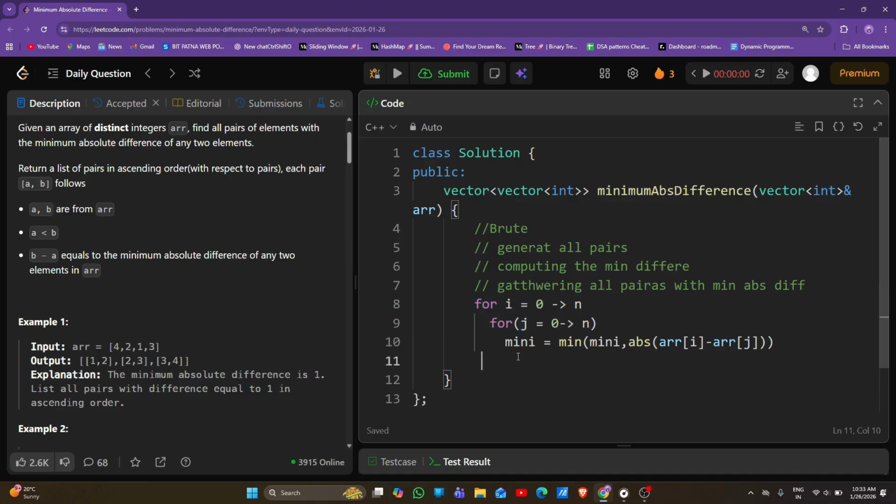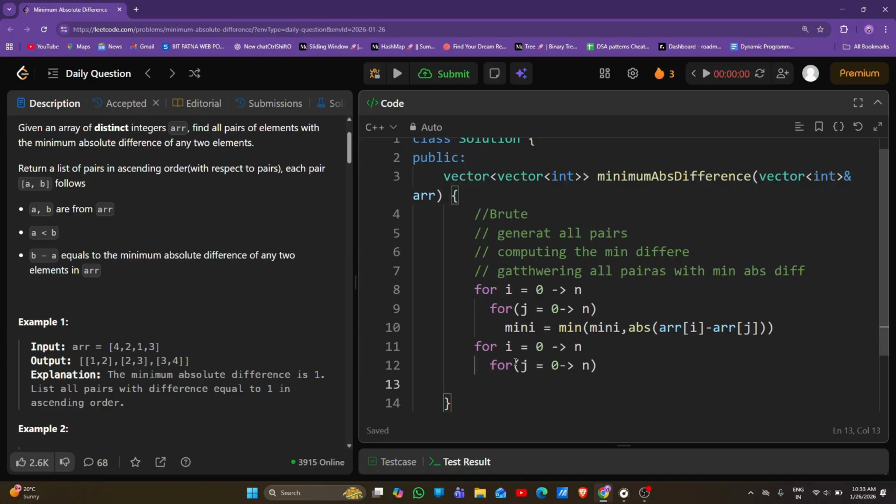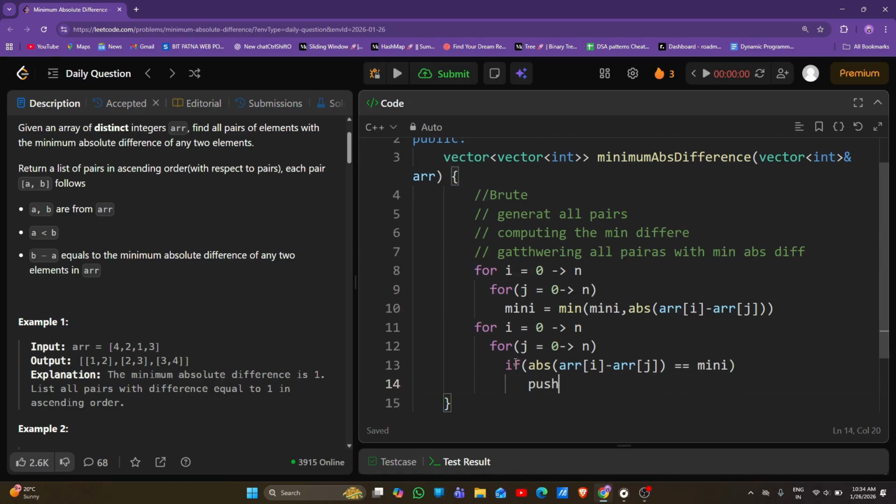Don't forget to take a 2D vector as the answer for storing. For i and j again, we will now check all the pairs which are equivalent to our minimum difference: if absolute of array of i minus array of j is double equal to mini, then we should push or add array of i and array of j as a pair.